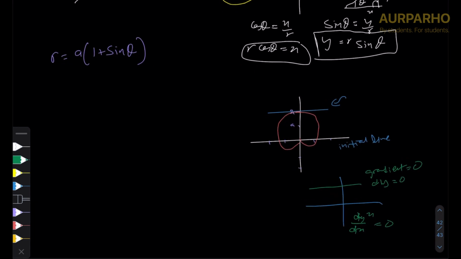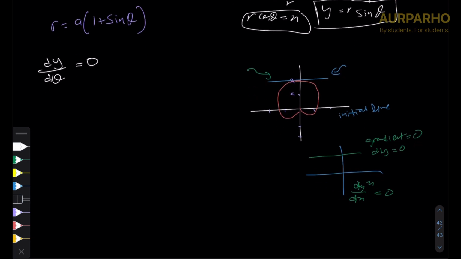So if I'm asking you at what value the tangent to the curve is parallel to the initial line, all I'm asking is when is dy d theta equal to 0.